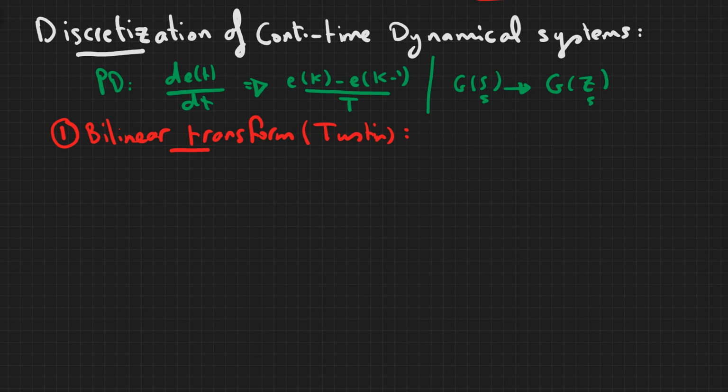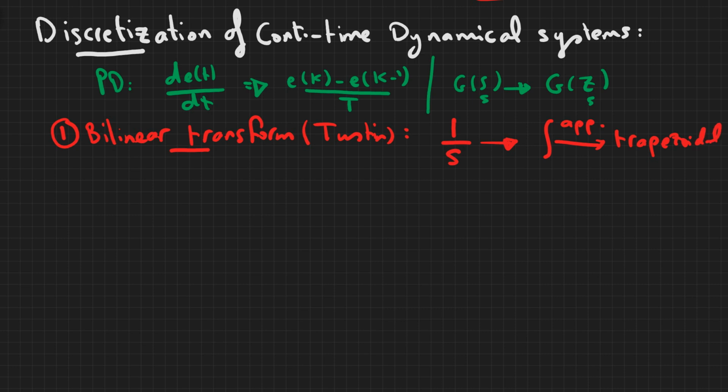So we know from the Laplace transform that 1 over s is an indication of the integration operation, right? What we're trying to do is approximate this integration by a trapezoidal integration.